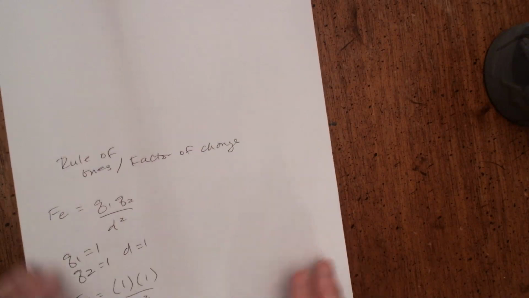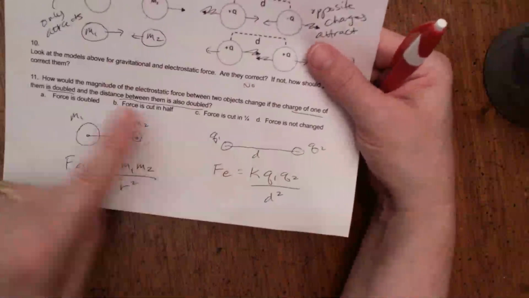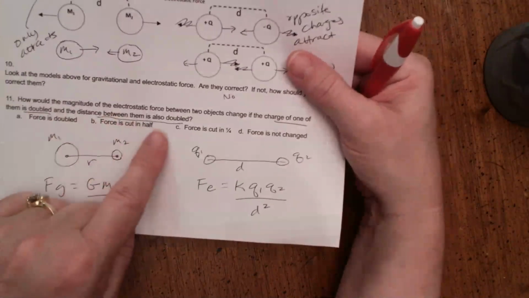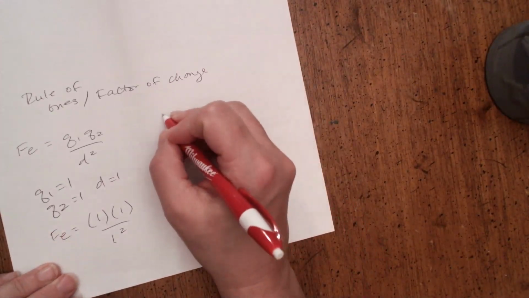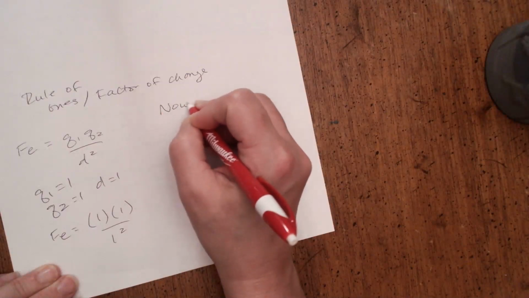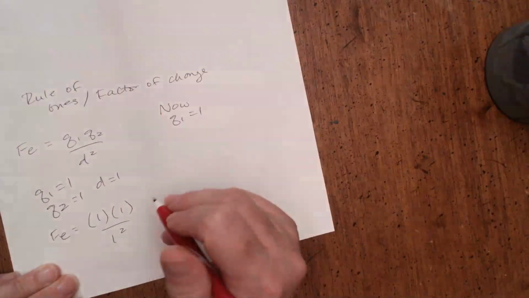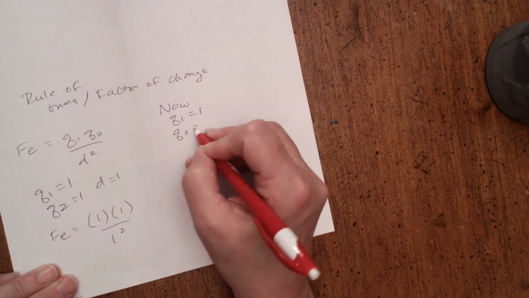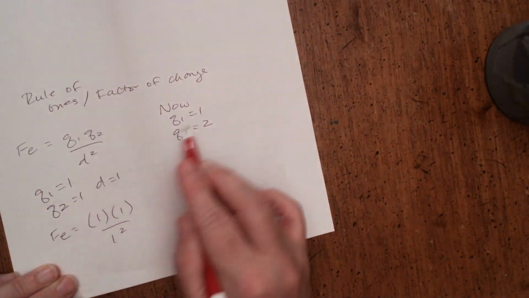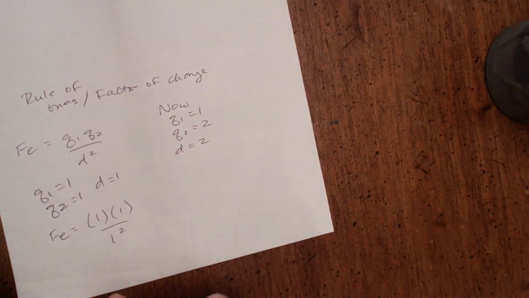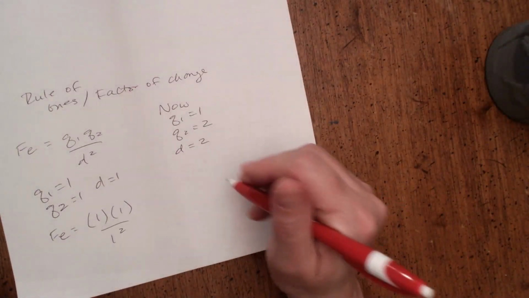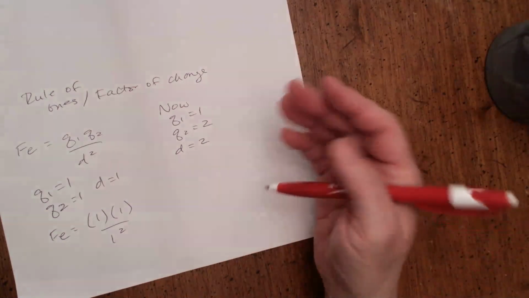Okay, that seems kind of boring, but then what we're going to do is change it based on the charge of one doubled and the distance doubled. So let's say now we'll leave Q1 alone. We'll say Q2 doubled. So now instead of it being 1, it's 2, and then distance is doubled. And then we put these numbers back into our equation and we see how our force is modified.